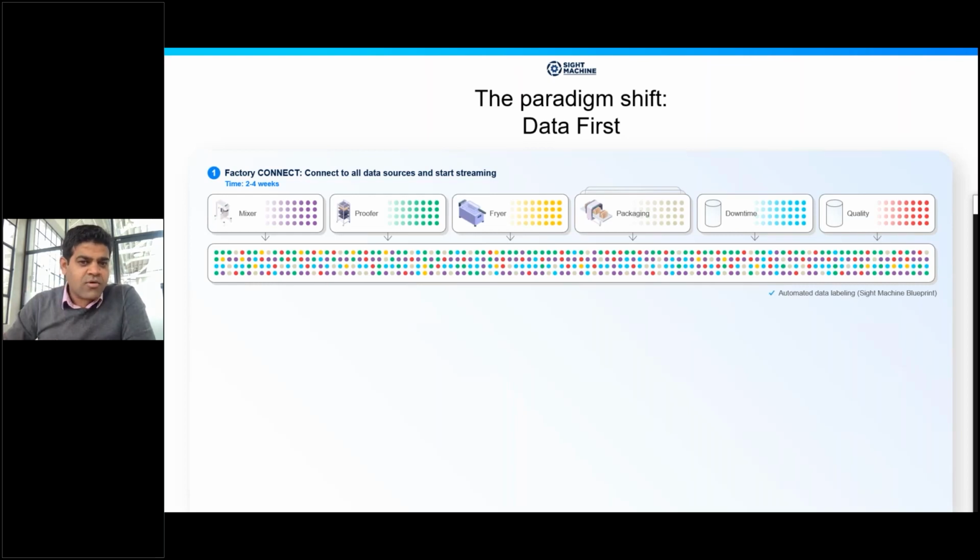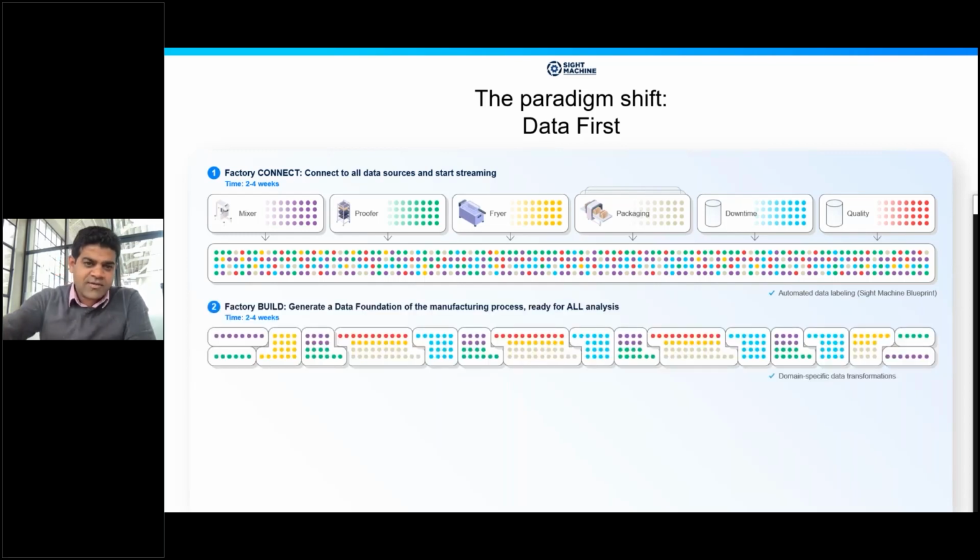Instead, you're focusing on what problem has come up that you need to solve. I already have all the data for it in a normalized, standardized fashion. It doesn't matter if it's coming from PLC 1 versus PLC 2, or from a quality system, and you have all sorts of applications available to start solving problems. It's a much more scalable and ROI-driven approach.